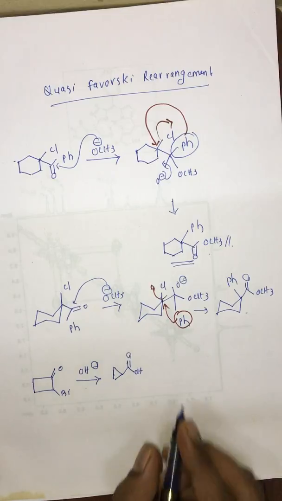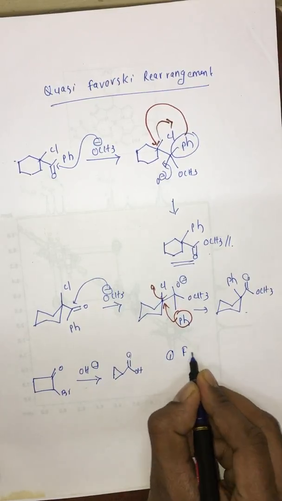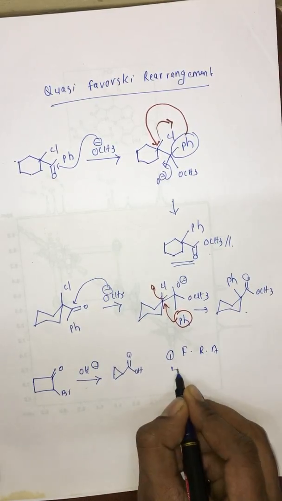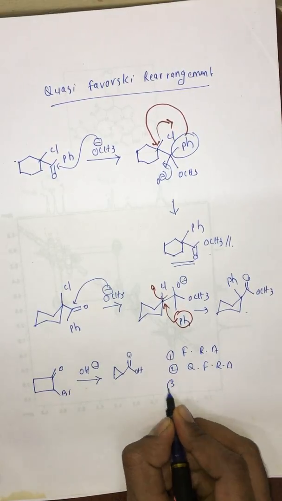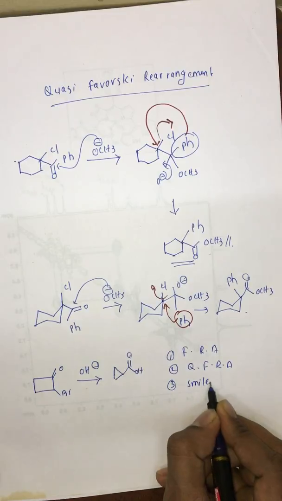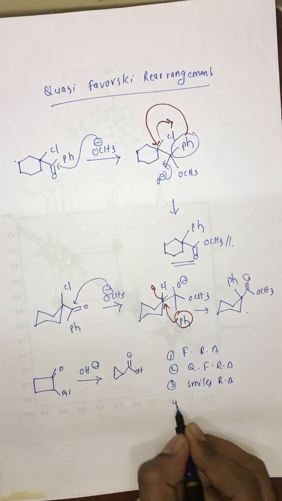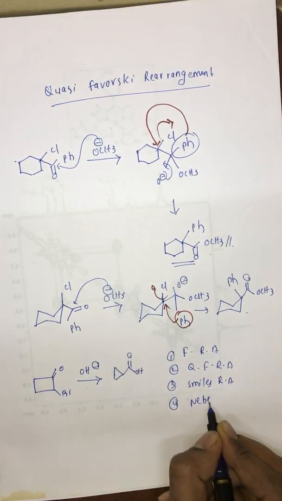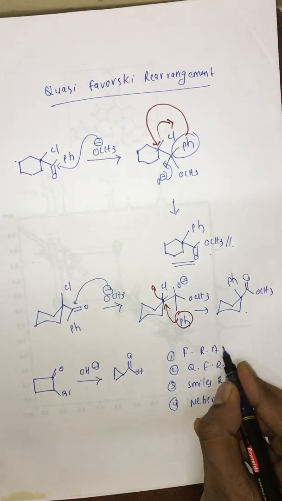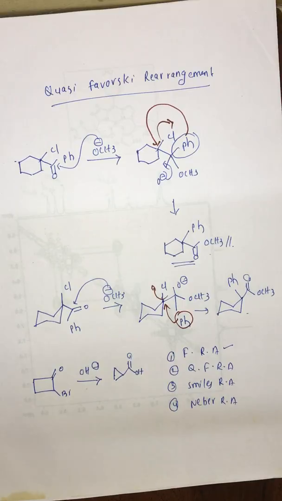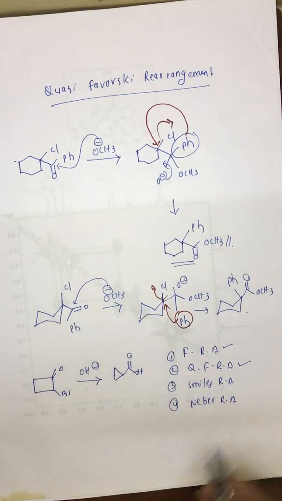Okay, so they just asked whether this reaction belongs to Favorskii rearrangement or quasi-Favorskii rearrangement, then Smiles rearrangement, and the fourth one is Neber rearrangement. Actually this belongs to a Favorskii rearrangement, but the answer is quasi-Favorskii rearrangement.